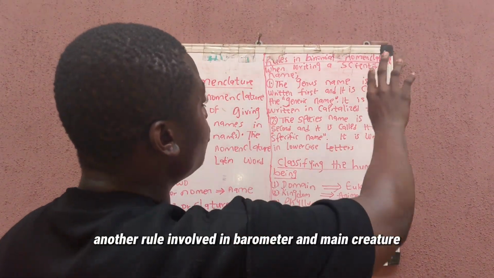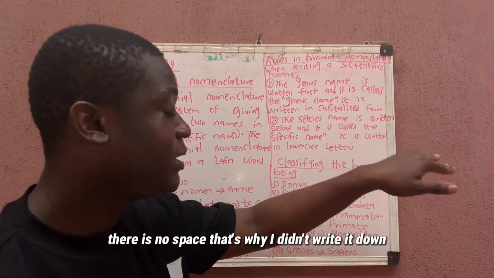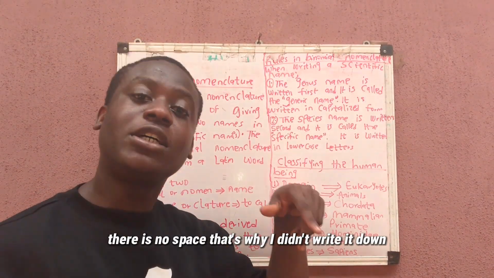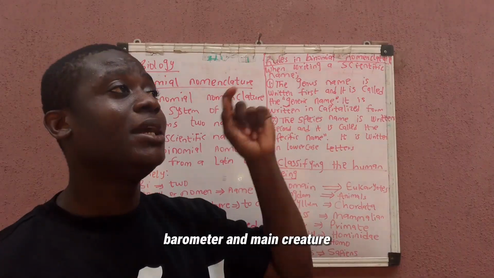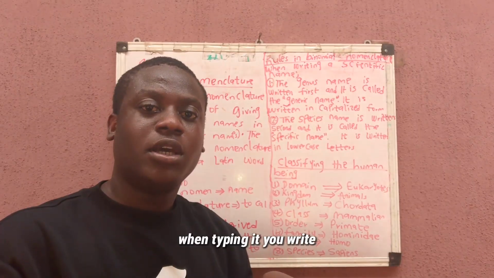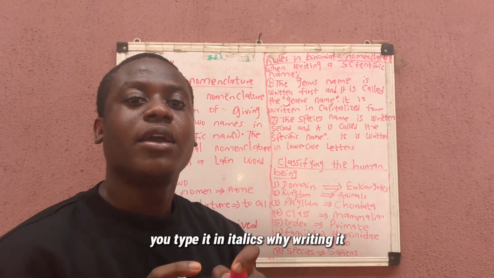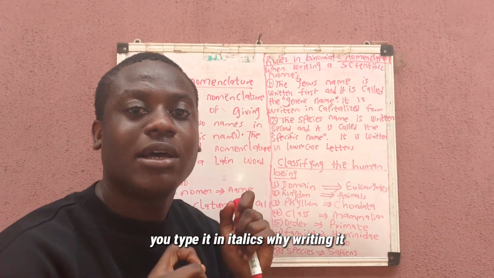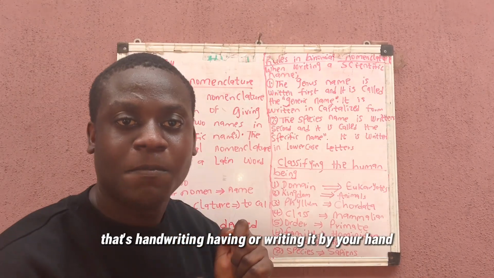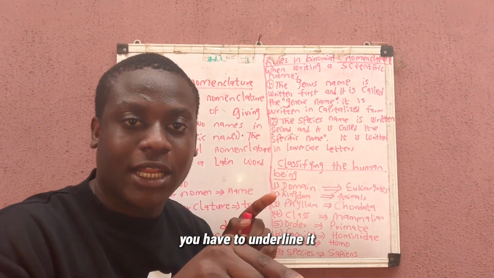Now, another rule involved in binomial nomenclature is that there is no space. That's why I didn't write it down. Another rule is that when typing it, you type it in italics. When writing it by hand, you have to underline it.